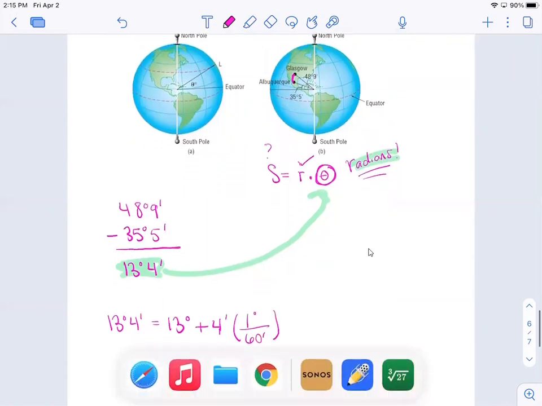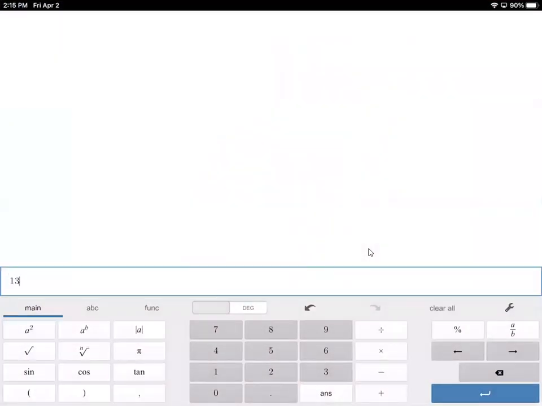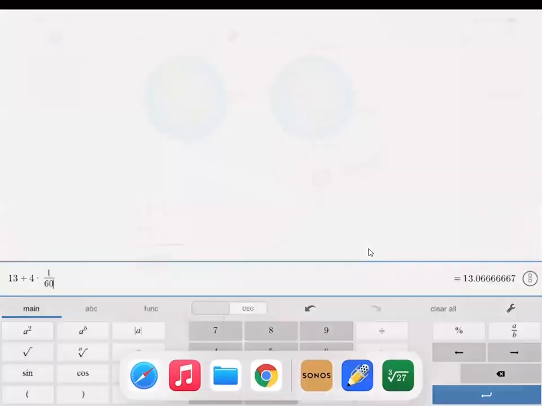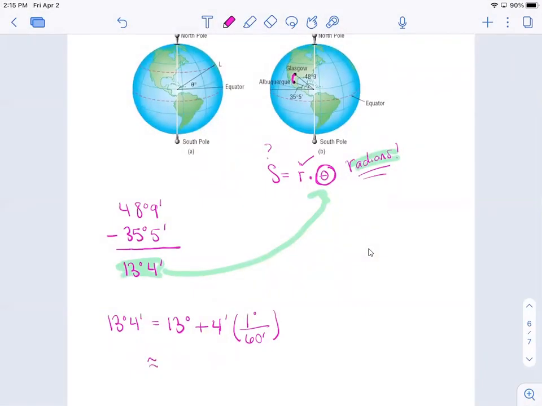So I'm going to go to my calculator: 13 plus 4 times, or forgive me, 1 over 60. So I get 13.0666666. What I'm going to do on my paper is just write 13.07, rounded up.